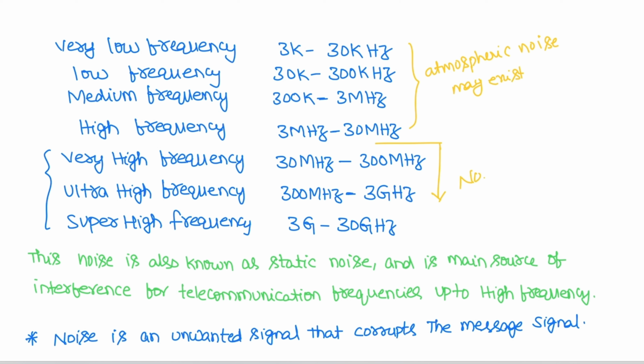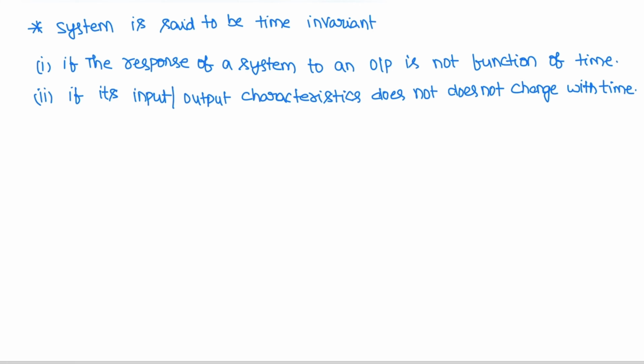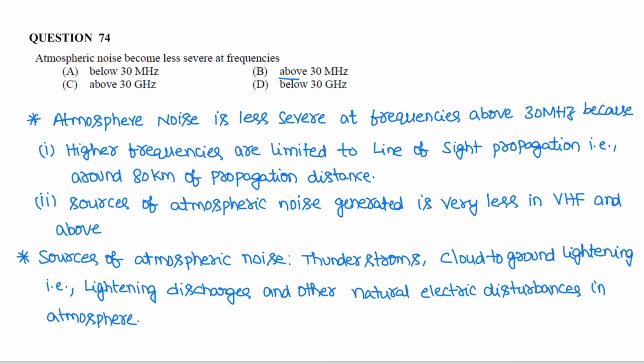Above them, no atmospheric noise exists. It is less severe at frequencies above 30 megahertz; from very high frequency onwards there is no atmospheric noise.